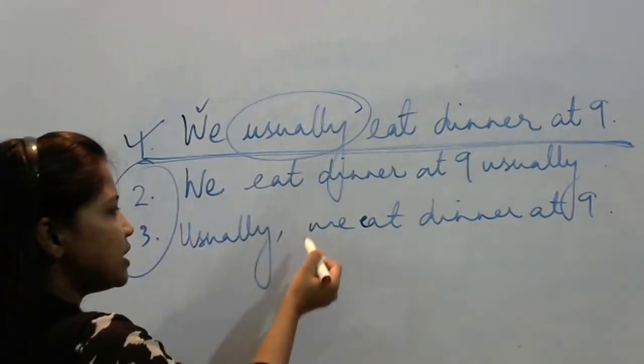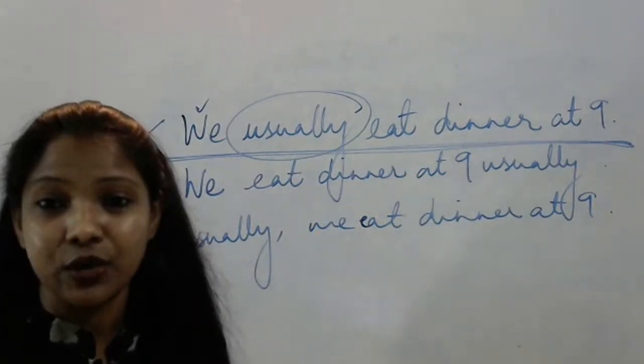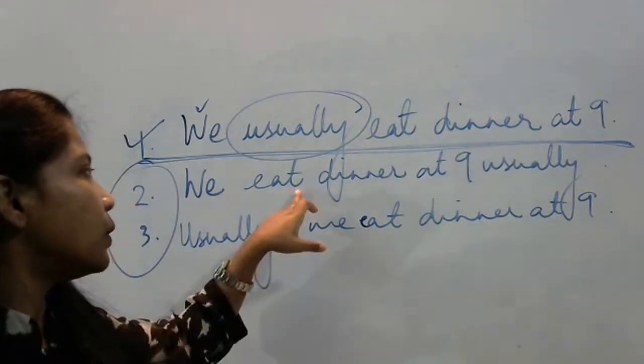तो इस सेंटेंस में क्या है? Why do we use 2 and 3? कहाँ यूज होता है 2 and 3? If anybody can answer, 2 and 3.